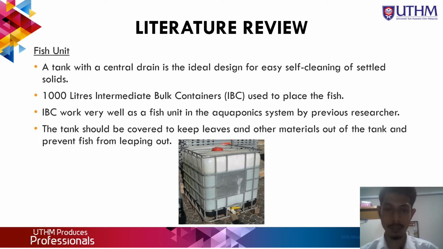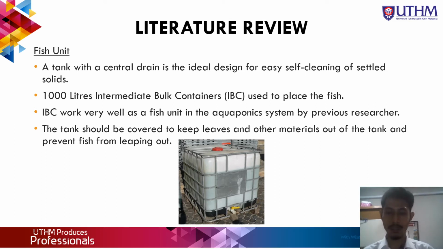Okay, so this is the fish tank that we use as a fish unit. We use a 1,000-liter intermediate bulk container because this tank works very well as a fish unit in an aquaponic system, according to previous researchers. The tank should be covered to keep leaves or material out of the tank and prevent fish from leaping out, or to prevent kids or predators from jumping into the tank.